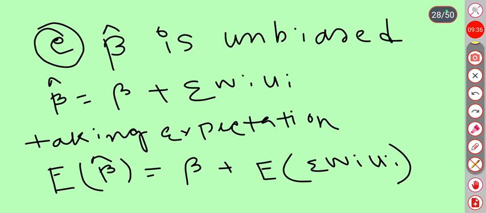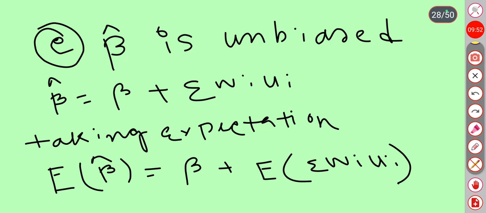And next, we prove that beta hat is unbiased, that means expected value of beta hat is equal to beta. We know that beta hat is equal to beta plus sum of wi ui.